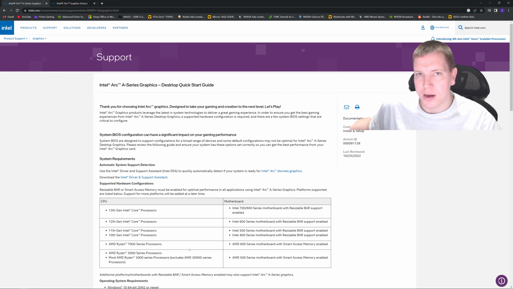A lot of board manufacturers supported resizable bar through a BIOS update for the Z390 platform and the 9th generation Intel CPUs. I can say for a fact that my Z390 Master did support it. It actually got support very early on. I was very impressed with Gigabyte just because Intel and AMD and NVIDIA, everybody who was kind of working on resizable bar at the time didn't say that this platform should support it.